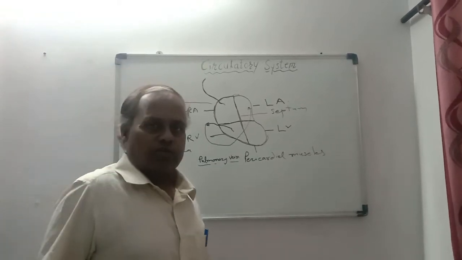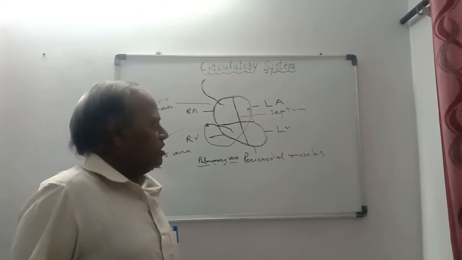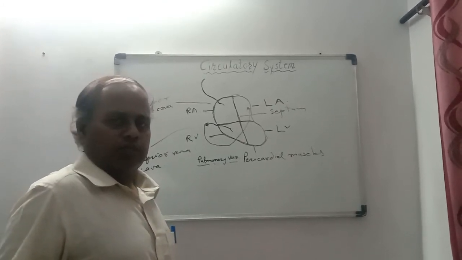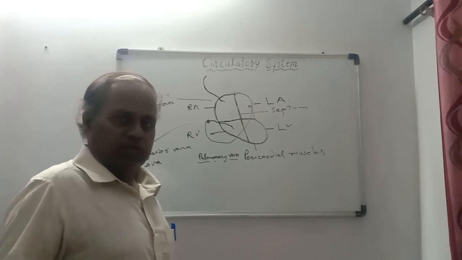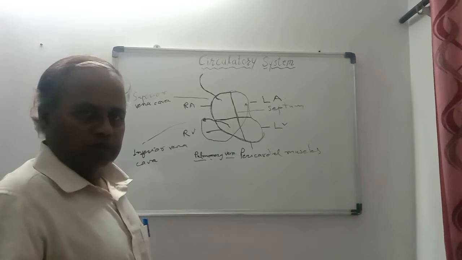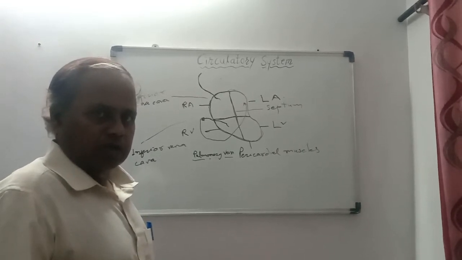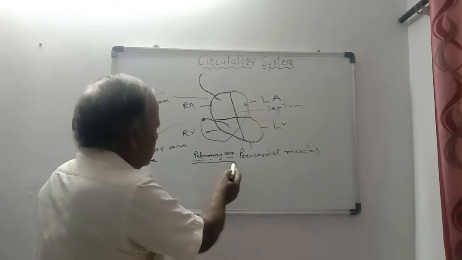As we all know, the job of arteries is to take oxygenated blood from the heart to various parts of the body, and the job of the veins is to bring back deoxygenated blood from various parts of the body to the heart for oxygenation. But here the case is different.